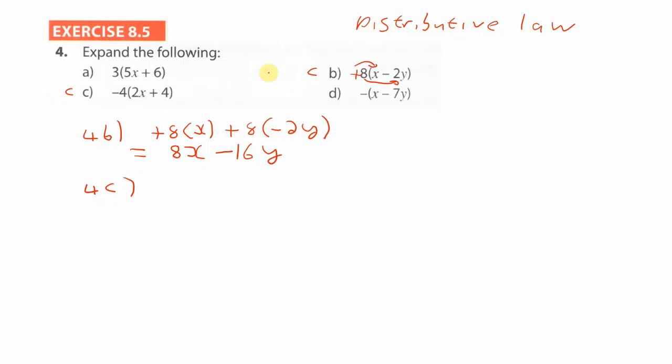We use the distributive law, which says take what's in front of the brackets, distribute it over each term. So first multiply by the first term, which is 2x, brackets means multiply. Then take again what stands in front of the brackets, the -4, and distribute it over the second term. So multiply by the +4.